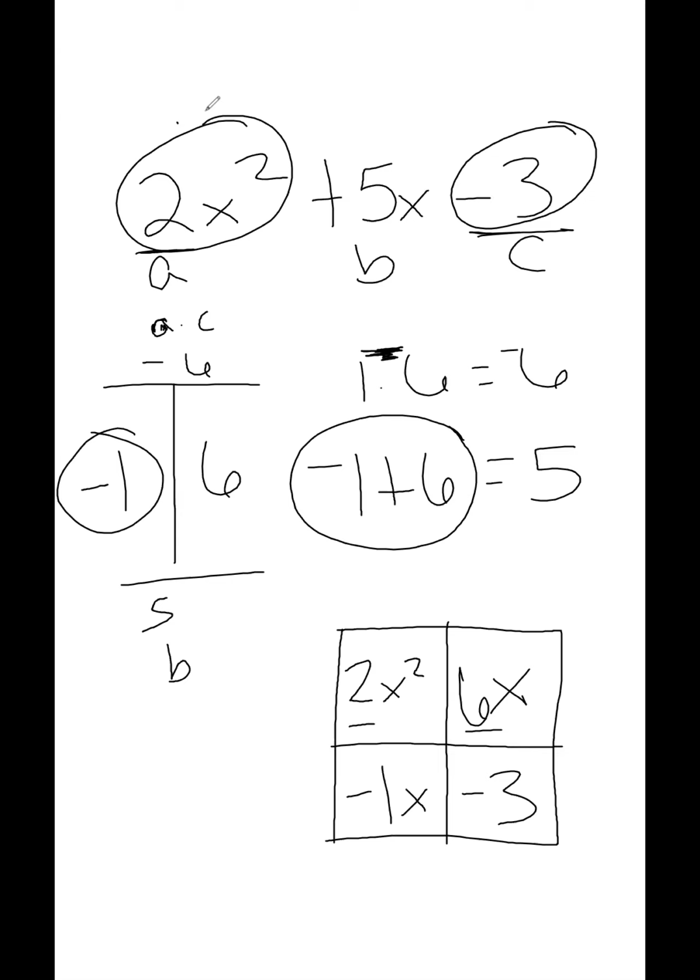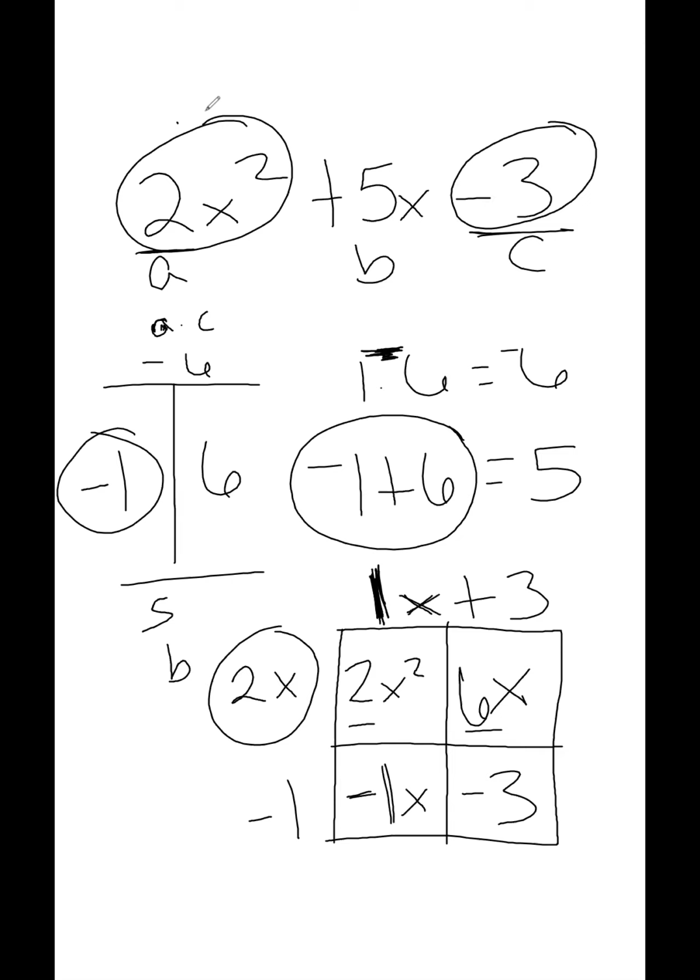All right, so now we're going to do the reverse. So I need to know what goes right here. I know there's going to be an x and an x here. So 2 times 1 is 2. 2 times 3 is 6, and it's +3. Then I say, okay, 1, because I already know 1. 1 times -1 gives me -1.